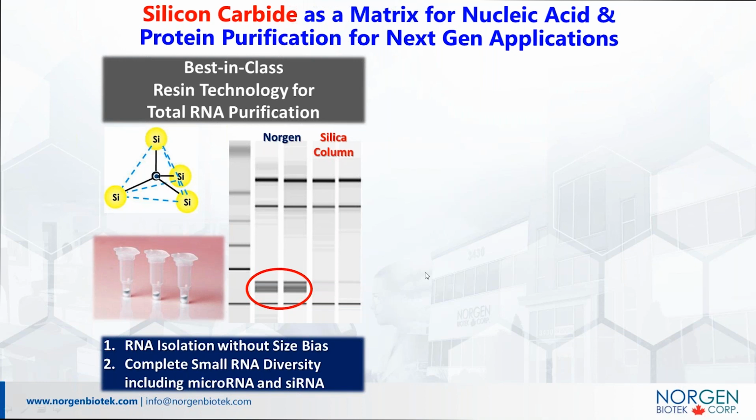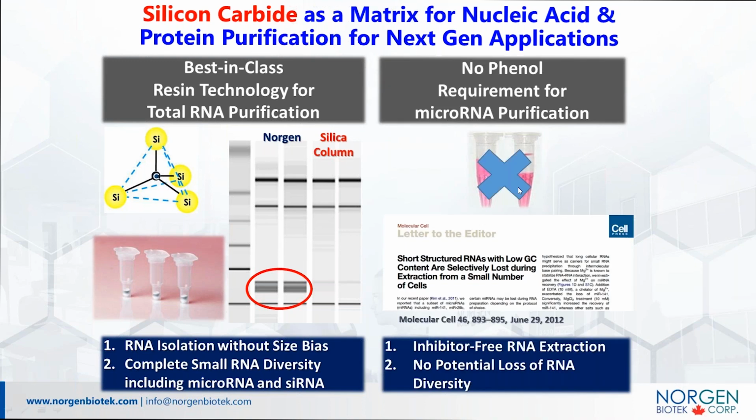I would also like to mention that in all Norgen purification methods, we're not using any phenol-chloroform, first because of its drawbacks. Second, phenol-chloroform for RNA specifically, coupled with silica-based columns, is going to have a bias towards binding sequences, especially RNA sequences, with high GC content. So it's going to be missing lots of RNA sequences, microRNA, small RNA, with low GC percentages.